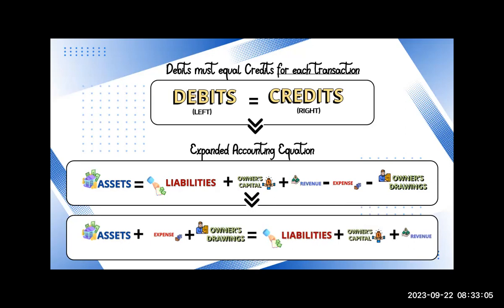The reason being, it's simpler to look at. Wala tayong negatives. Everything is balanced. 3 is equal to 3, right? Mas maganda siya tingnan. But again, it all is derived from the expanded accounting equation that the left is equal to the right. So assets plus expense plus owner's drawings, the ones on the left, should always equal the ones on the right. Your liabilities plus owner's capital plus revenue.